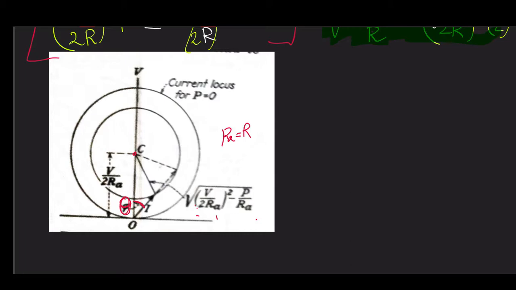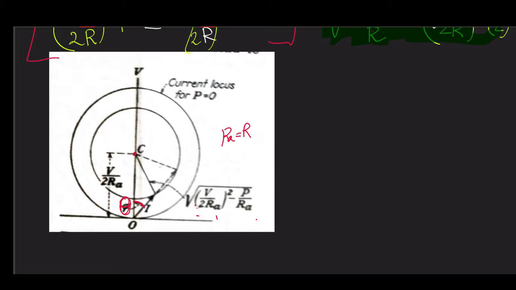Now if we think about changing this, how can this take place? First of all, try to understand what happens when the power becomes zero.